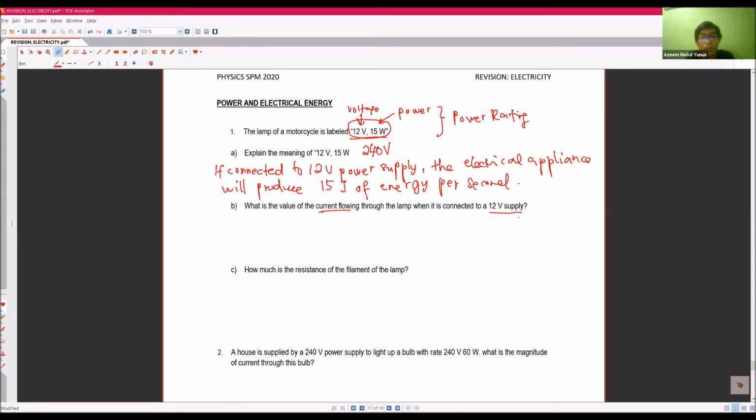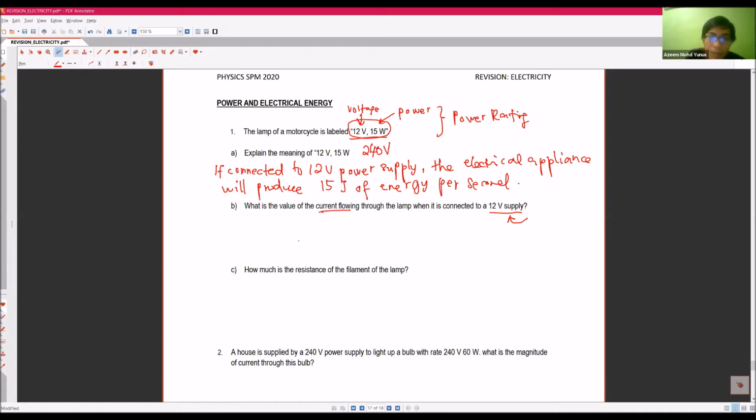Then the power is half of 15, which is 7.5 watt. That's the meaning of the power rating: the multiplier for each 1 volt, how many watts it will generate.